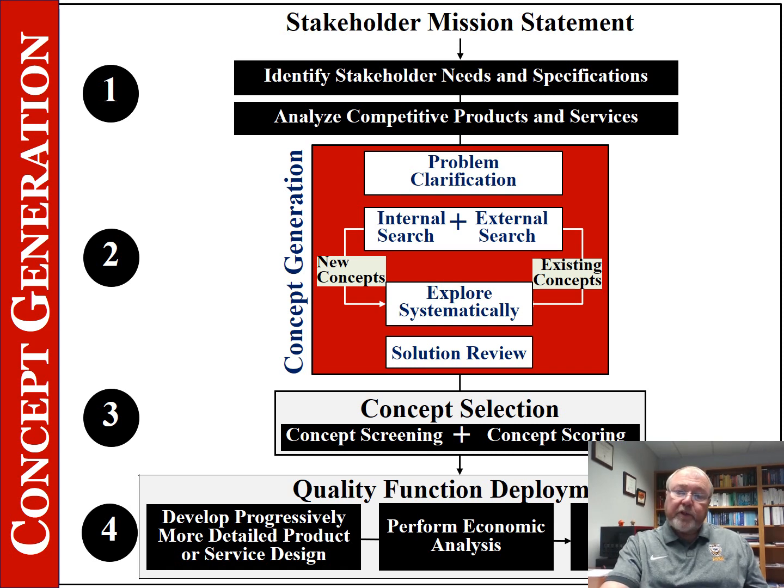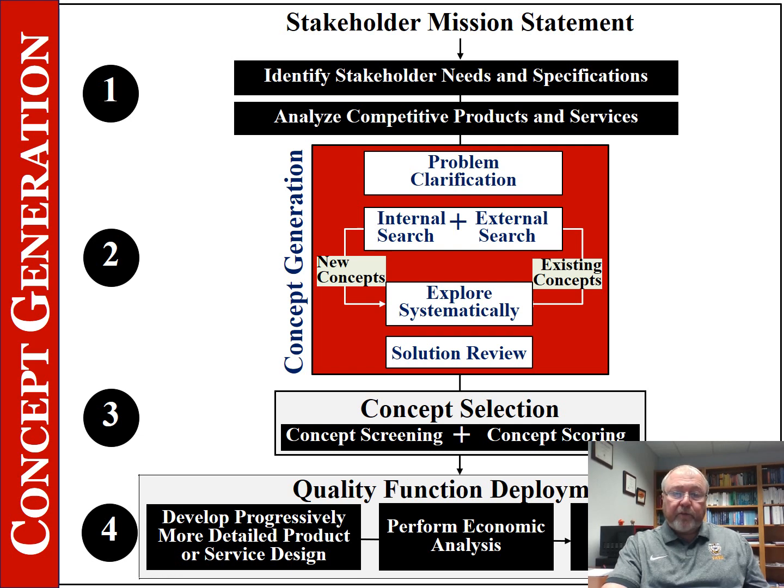And what we're trying to do when we do this is say, what are some new ideas that we can bring to the table? What are some existing things that are already out there that are useful? And can we combine those? Can we explore systematically? And a lot of times we do that with a technique that you're going to be seeing over the next few slides. And then we'll review the solution to see if it was a reasonable one.